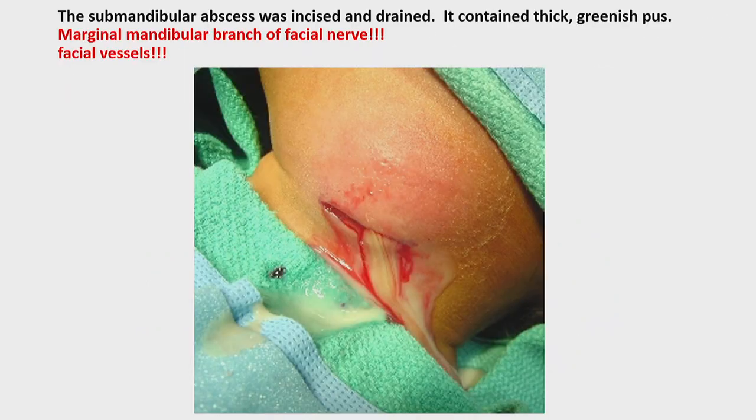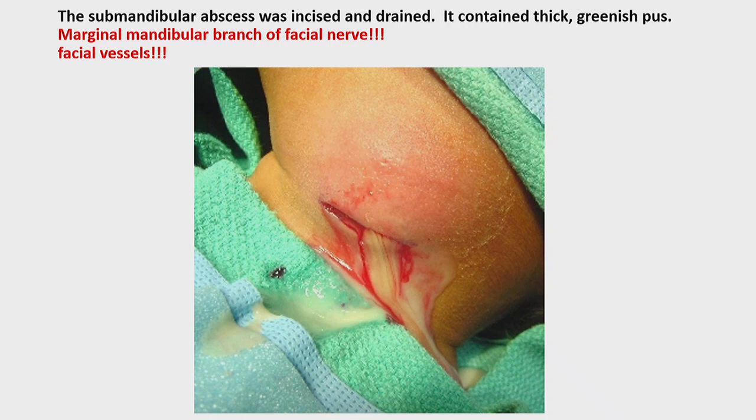And here is the submandibular abscess, for general medicine and especially dentistry. If you have an abscess in the submandibular region, the inferior margin of the mandible is approximately here. Yes, but I never make the incision of the abscess at the inferior margin of the mandible.